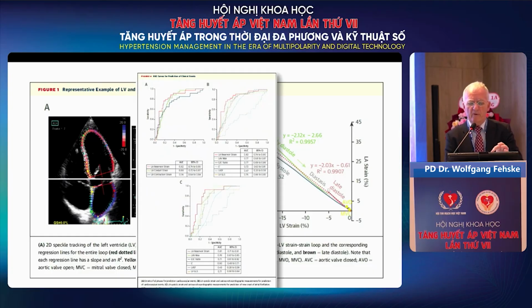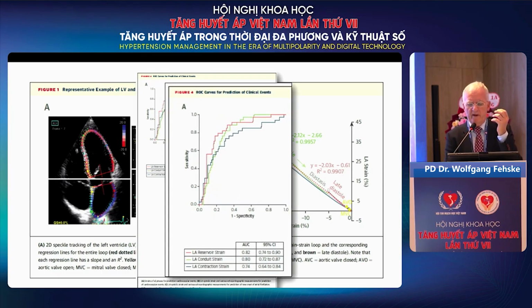He looked at the events that happen to the patient, MACE, death, and even if decompensated heart failure arrives, the only parameters that are really relevant and have the best predictive value are the left atrium parameters.